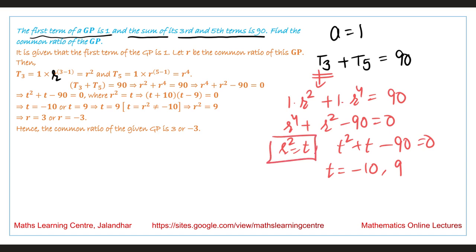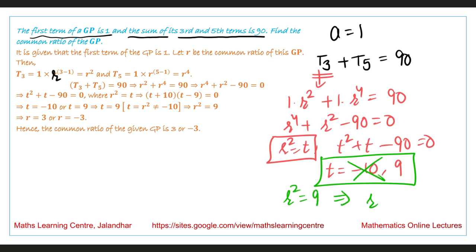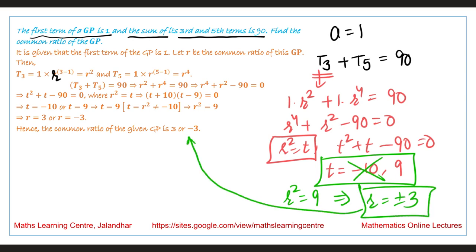We have r^2 is equal to t, and clearly we need real values of r, so t cannot be equal to minus 10. So we have r^2 is equal to 9, and this implies r is equal to plus or minus 3. So the common ratio can be plus or minus 3. In both these cases, the condition will be satisfied.